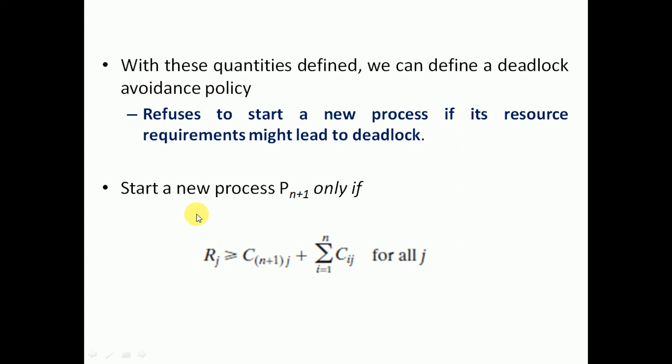With these quantities defined, we can define a deadlock avoidance policy in such a way that it refuses to start a new process if its resource requirements might lead to the deadlock. So if any process leads to the deadlock, we are not going to start that particular process right now. To start a new process, Pn plus 1, we have to define the condition: Rj is greater than or equal to what I have claimed plus the allocated for the new process.